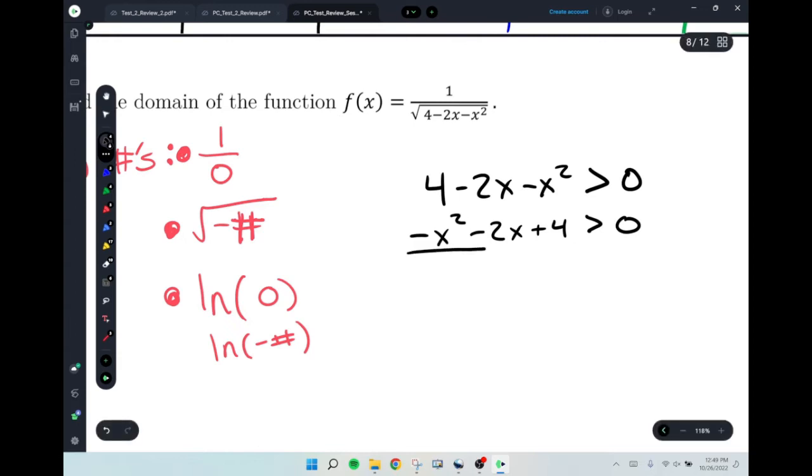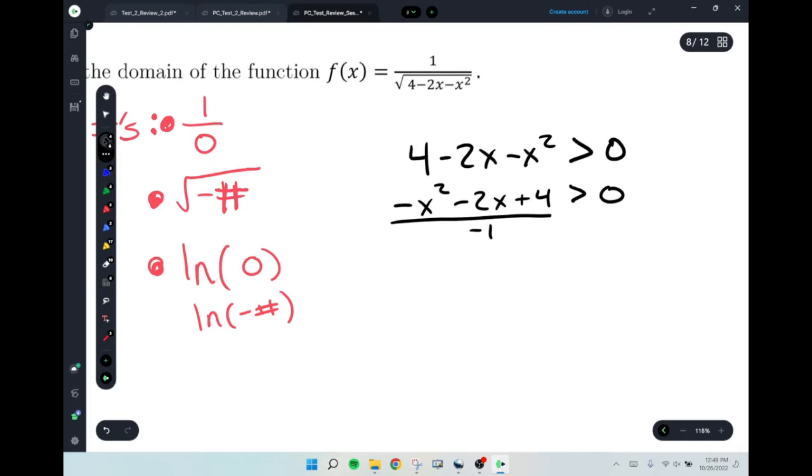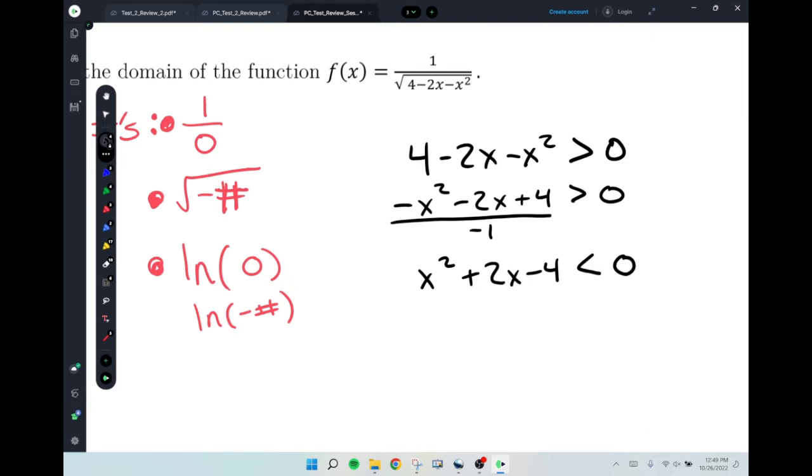I divided it all by -1, yeah? And when you divide by a negative, what do you have to do? Flip the sign. If you don't like that, you know what you could have done? Just subtracted them all over, and you would have gotten the same thing. If you subtract them all over, technically the sign flips, because now they're on the other side of the sign.